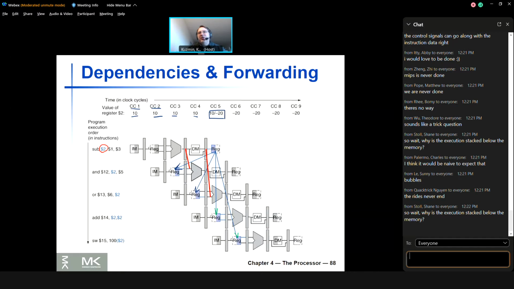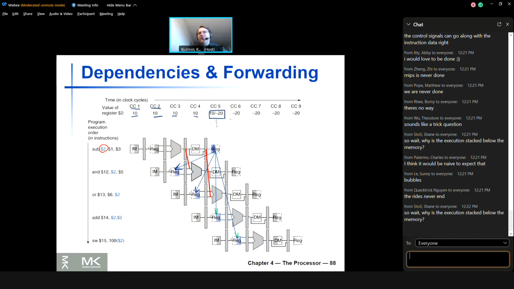and it is written. So we know that write uses the left, the first half of the cycle. So around halfway through this cycle, we know that the value in register 2 will change from 10 to -20, due to the effect of writing back. Sub will be writing back register 2.